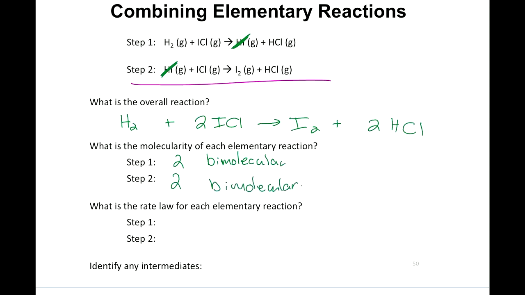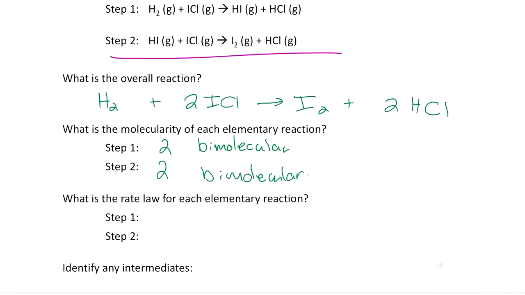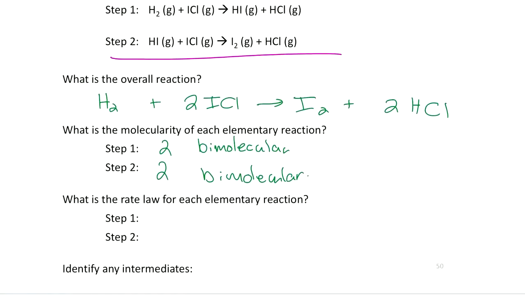Let me just erase the things that canceled in our reaction. Now let's determine the rate law for each step. Do coefficients become superscripts or subscripts? Superscripts. Am I allowed to do that? Yes, I can do it only for elementary reactions, and because I'm telling you that these are individual steps, we can do it.